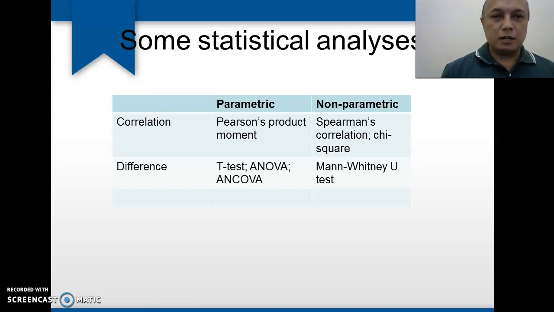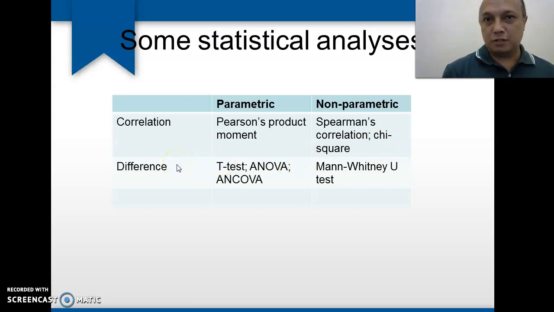There are some statistical analysis, parametric and non-parametric. We are going to talk about this later. But here, if you are dealing with correlation, then you have a Pearson's product moment for the parametric. This is the kind of statistical analysis that you will need if you run a correlation study. In non-parametric, you will use a Spearman's correlation or chi-square.